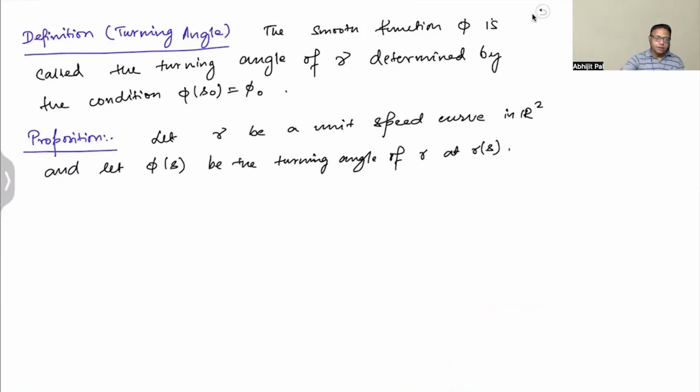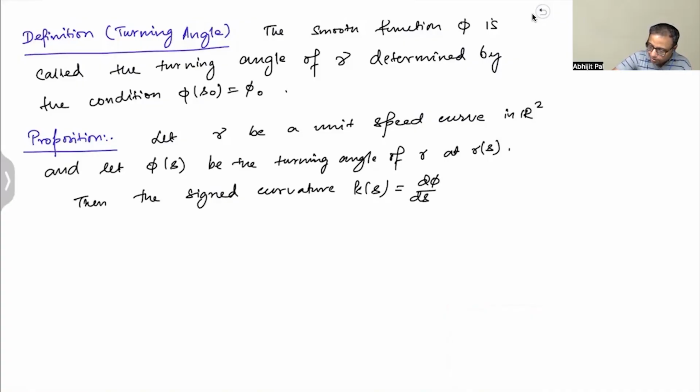Then the signed curvature ks is equal to d phi ds.